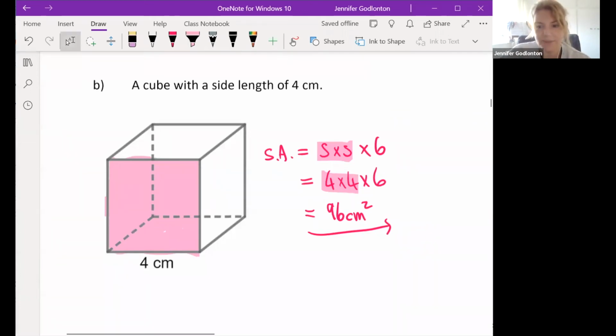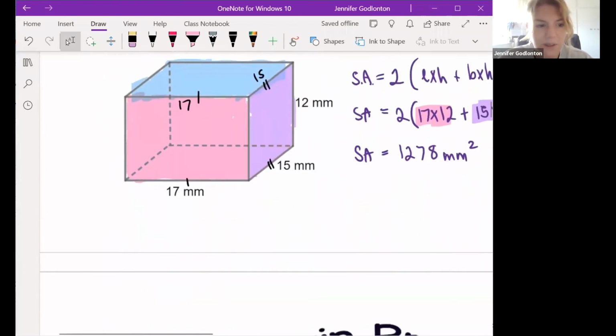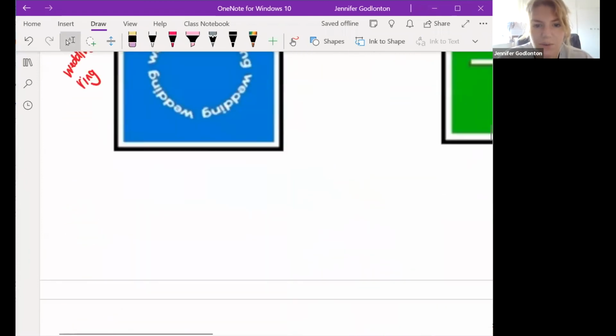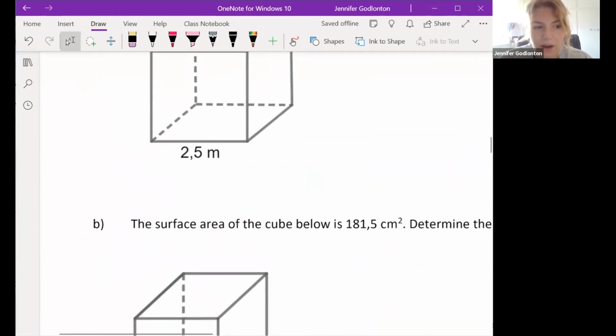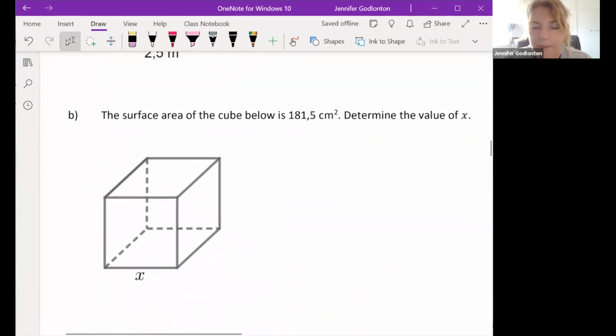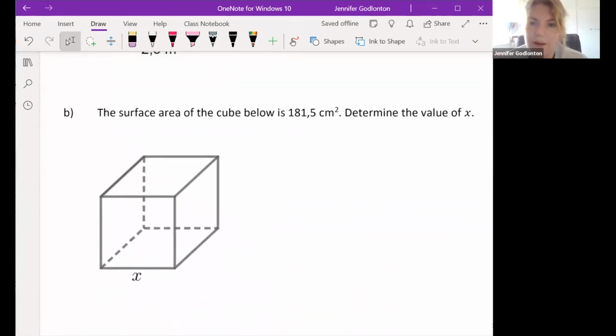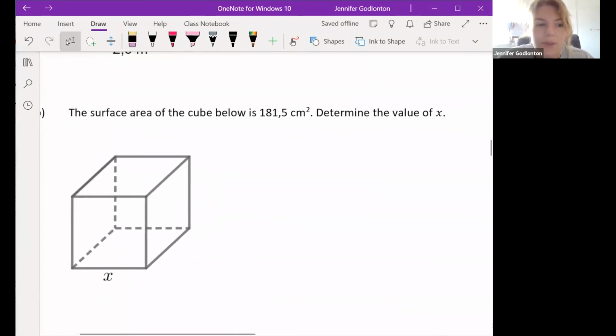Nice job, guys. Let's try a question where it's written a slightly different way. So we're going to move backwards a little bit. I just want you to think about what that formula is.